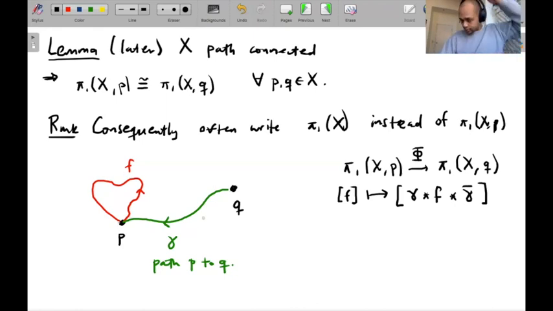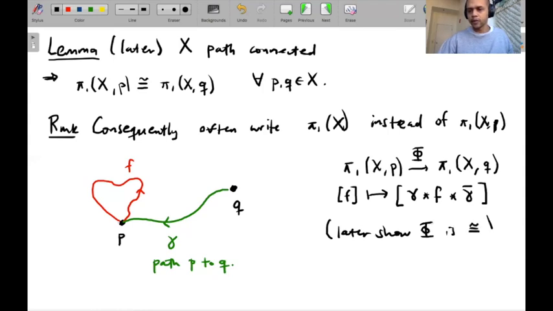So that's a loop based at Q. This is how you go from loops based at one point to loops based at some other point. As long as the space is path connected, you can do this. As I said, later we'll show phi is an isomorphism of groups.